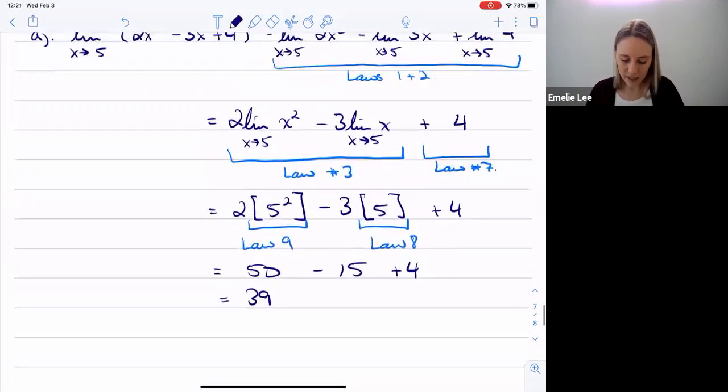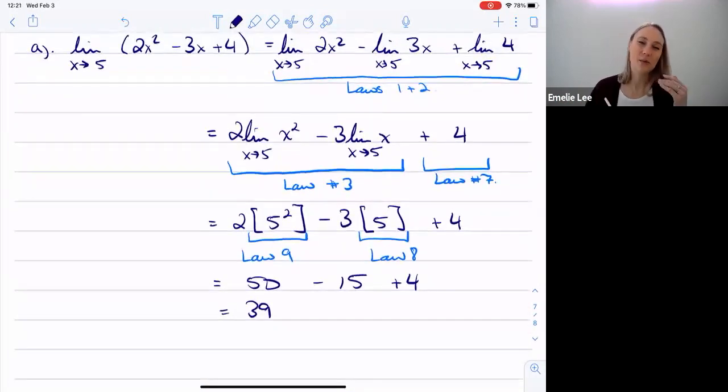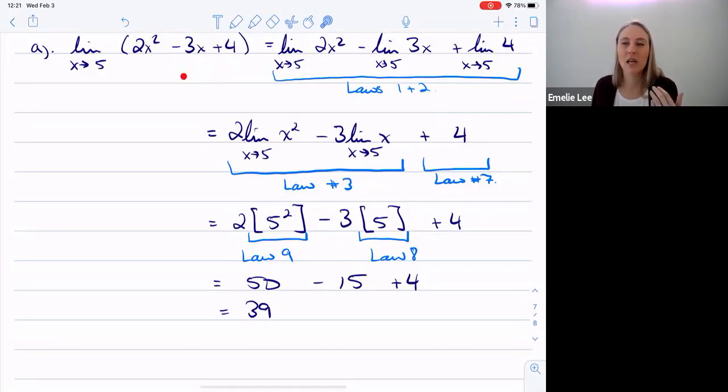And you could have gotten here by substituting in values close to 5. What we're going to build towards is, well, I could have just plugged in x equals 5 here, right? And the reason for that is because this is a polynomial. So we'll establish that and then we'll be able to use that. But for now, we can work through it with the limit laws.